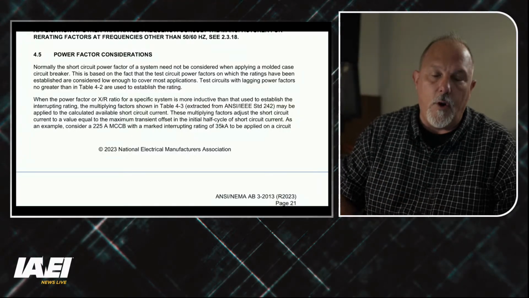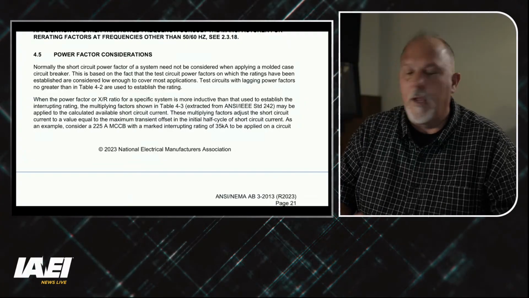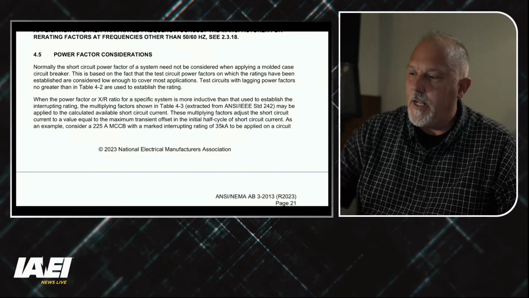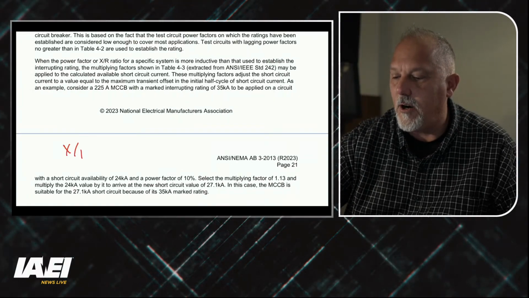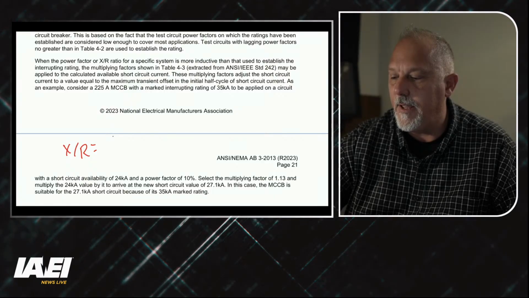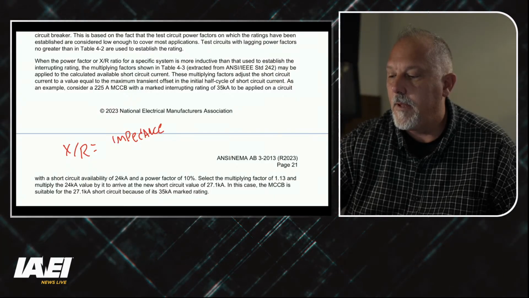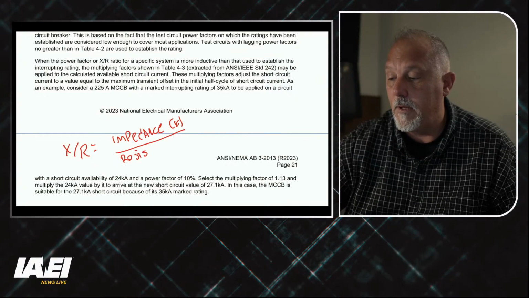I don't want to overinflate the likelihood here. But keep in mind, when we say X to R ratio, an X to R ratio is impedance of X divided by resistance.